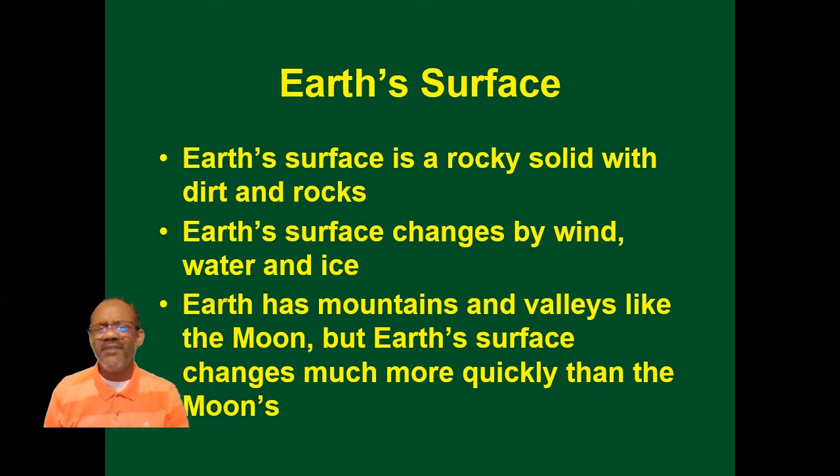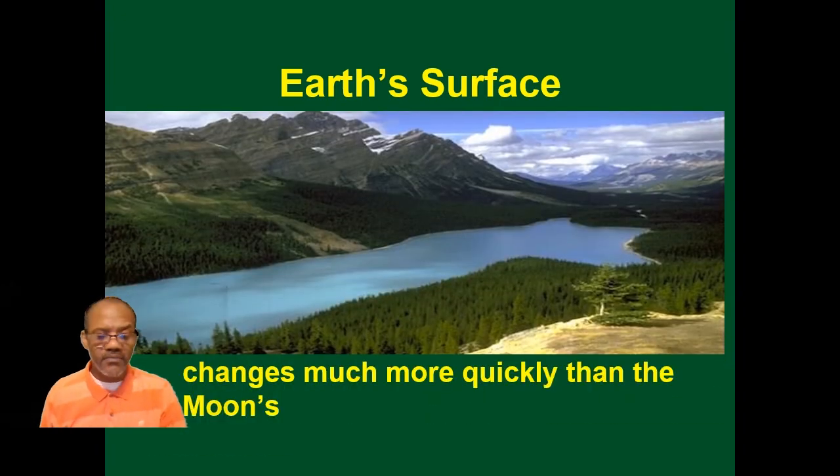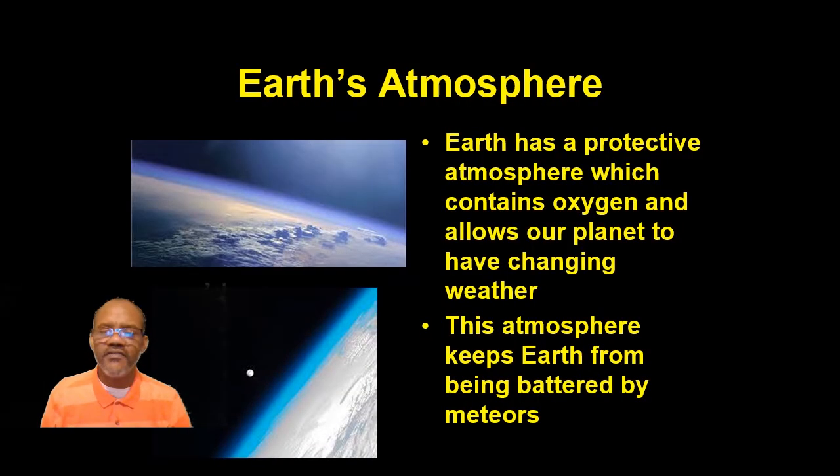The moon doesn't have an atmosphere, so it doesn't really have the ability to blow things around and change the surface of the moon like our wind and our atmosphere changes our surface by erosion and things of that nature. That's a little bit later in the process, but our surface changes. Earth has a protective atmosphere which contains oxygen and allows our planet to have changing weather.